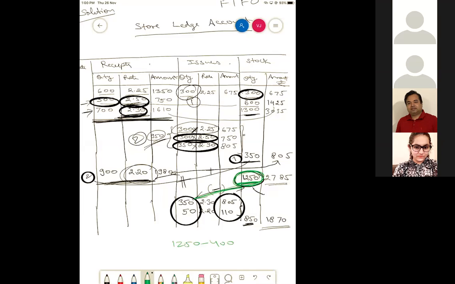Did you calculate it? So we get 850, which is only left from the 900 stock, which is at the 2.20 rate, sir. Yes, the rate is 2.20 from this. So this you can calculate, 1870. So in this way, we maintained our store ledger account.